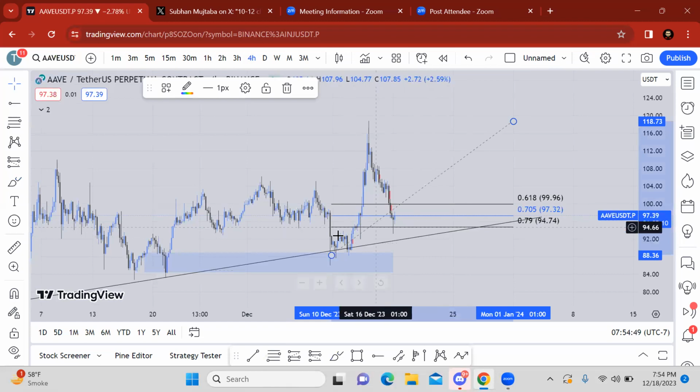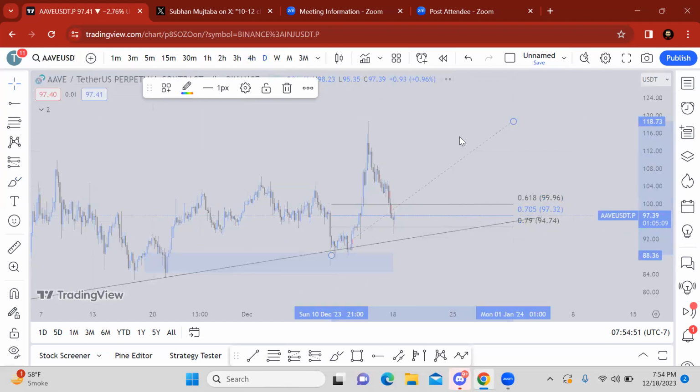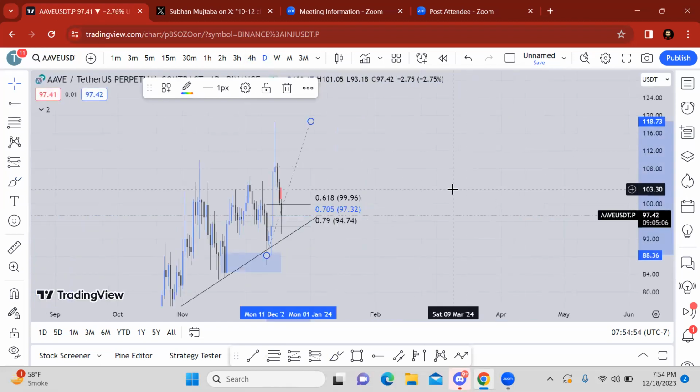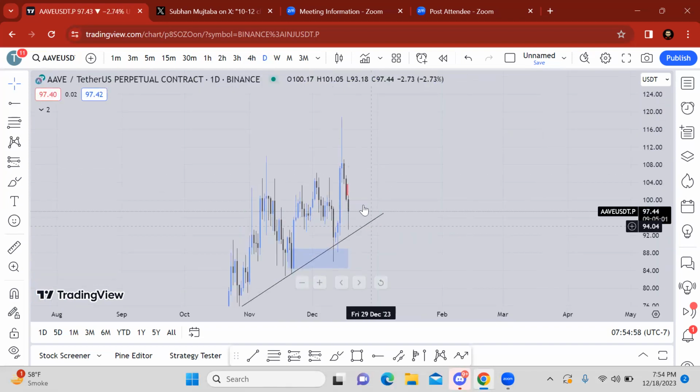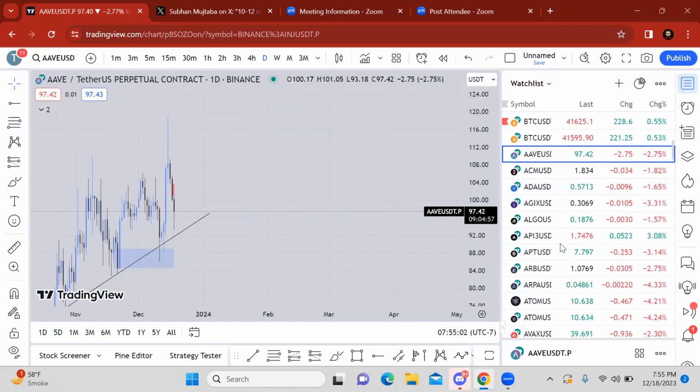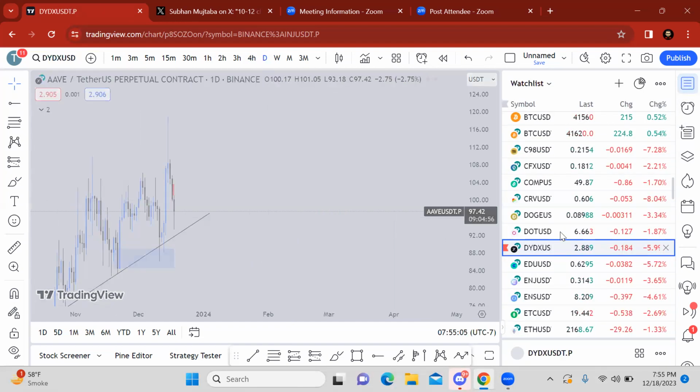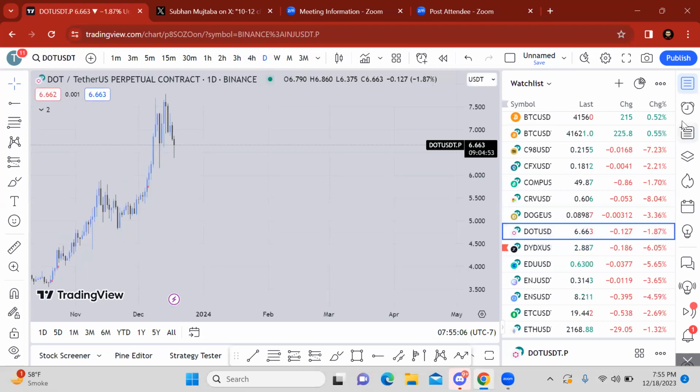If it holds here, then it might go up again to target this one. So no clear structure for DOT, dYdX, Polkadot.